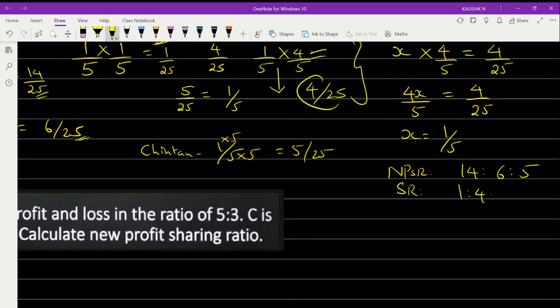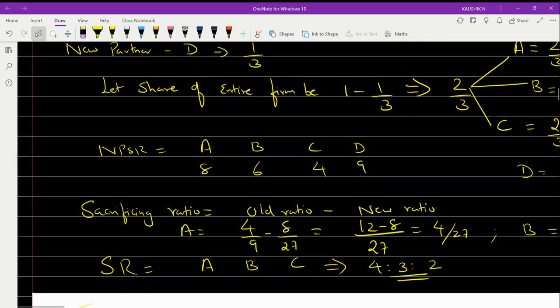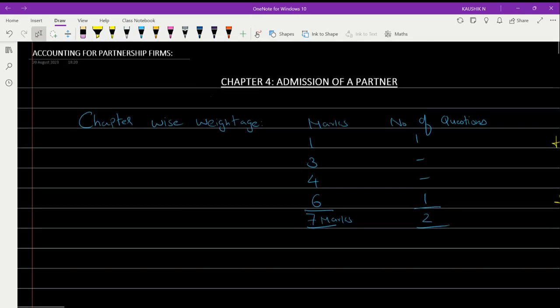We still have some 4 to 5 problems, not more than that. Probably we can have one class late at night around 8 o'clock or 8:15. I'll schedule a session and we'll complete the remaining 4 or 5. With that, concept number one, the calculation of the gaining ratio and the new ratio, will come to an end.